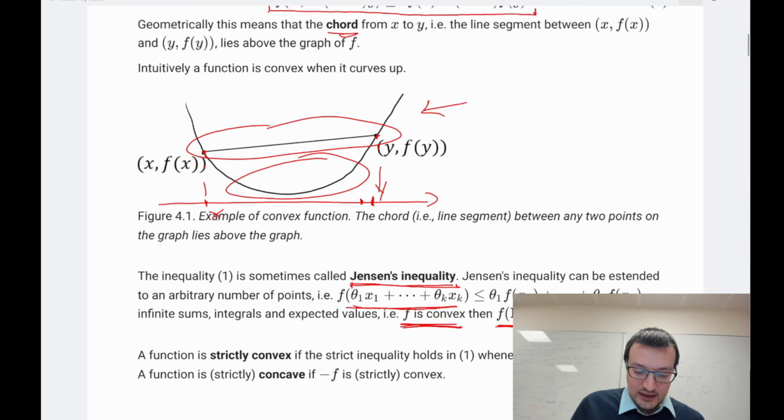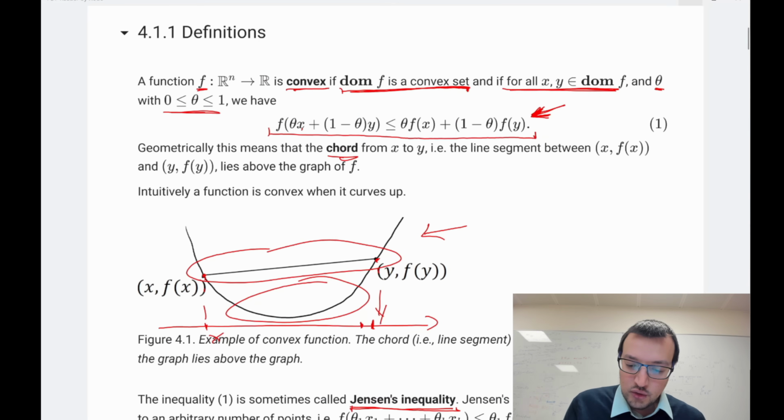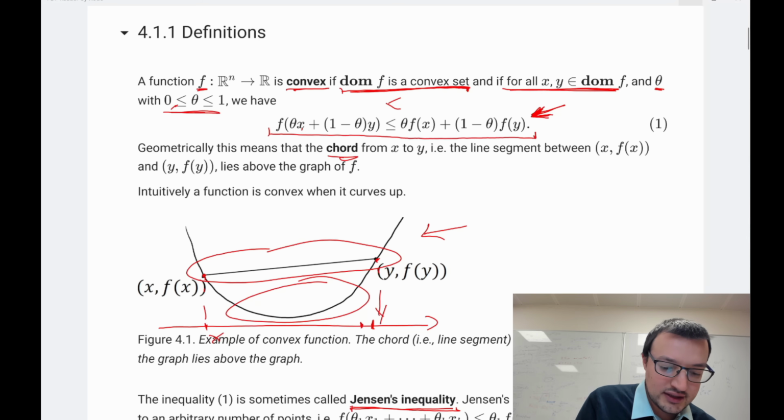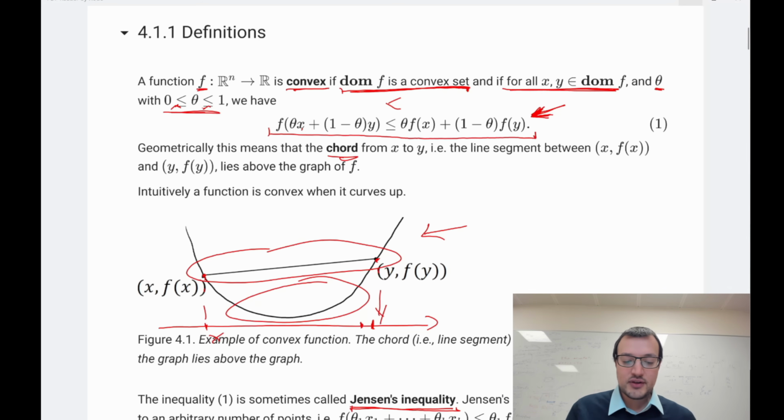We can also define strict convexity if the inequality holds strictly with the less-than sign, and of course, if x and y are different and if theta is not 0 and is not 1. This has to be strict because, of course, if, for instance, theta is 0, then we will have f of y less than or equal to f of y.